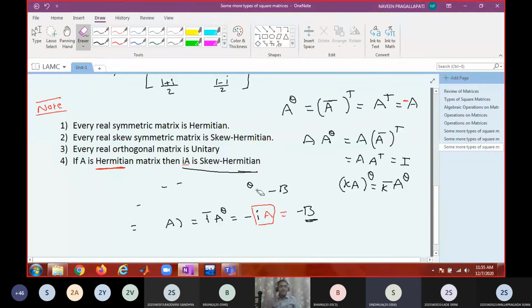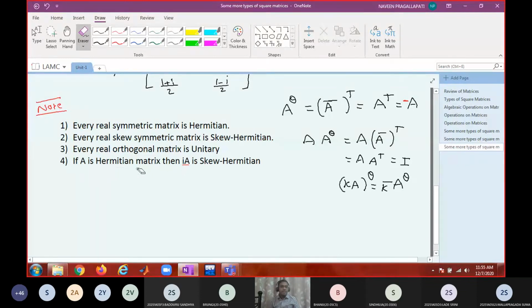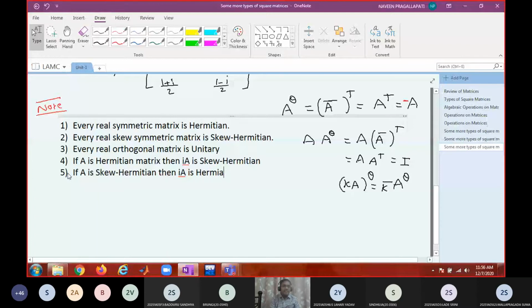Do you agree? Yes, sir. So that is the result. And what about if A is skew Hermitian? If A is skew Hermitian, iA is Hermitian.